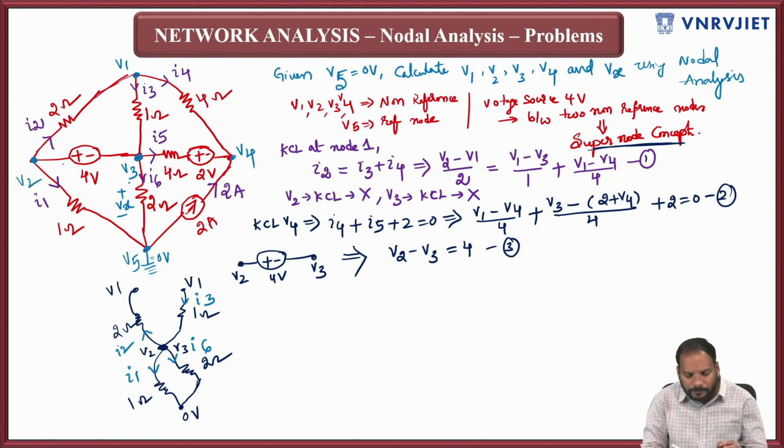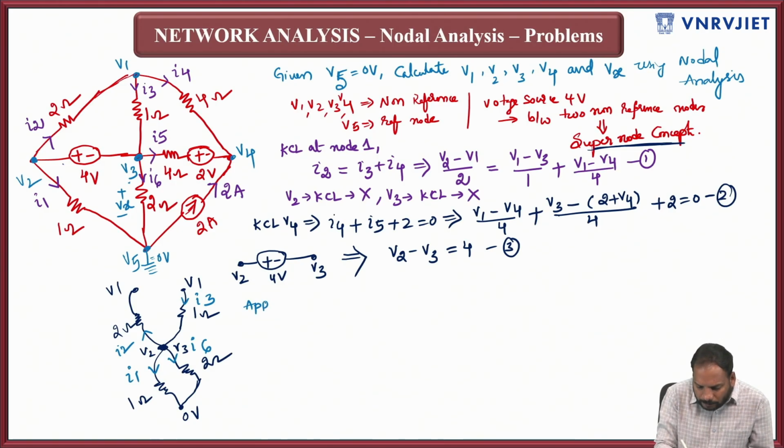So what have I done? For V2 and V3, I have removed the voltage source and tied V2 and V3 together, making it a supernode, and I am looking at the total net current entering the supernode and the total net current leaving the supernode. So that means applying the KCL at the supernode.